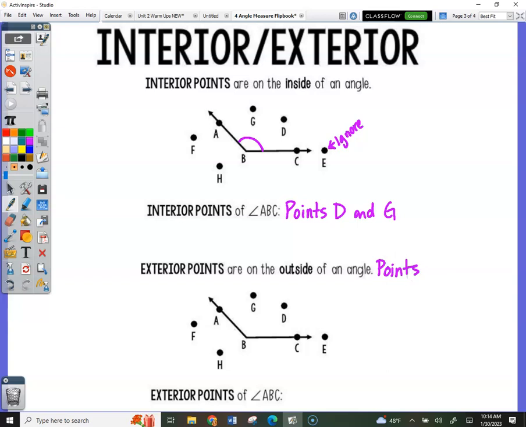Points F and H. Now, if you have a colored pen or a highlighter, it might be helpful to highlight, because you have two pictures here. So you could highlight that that was the interior and that this is the exterior. If you don't have a colored pen, then just take your pencil and just circle them. Look here, look here. That's exterior, that's interior.